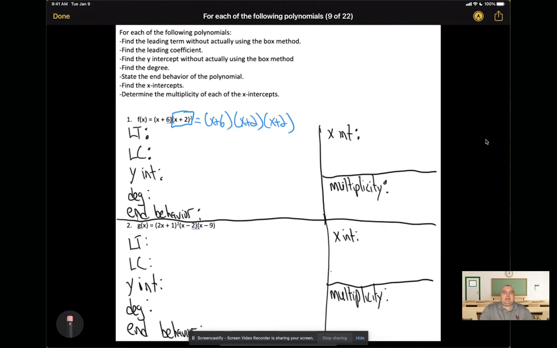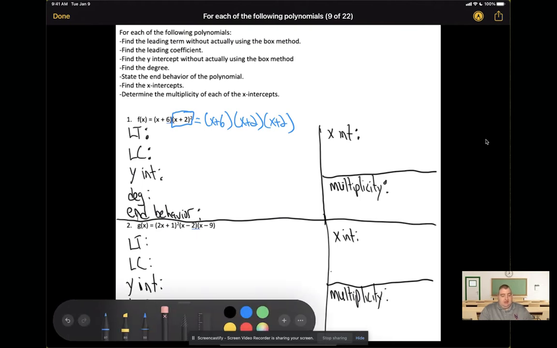X plus 2 squared means x plus 2 multiplied by itself. That is the very definition of squaring something. Squaring something means to take that thing, in this case x plus 2, and multiply it by itself. If it had said x plus 2 cubed, I would write x plus 2 3 times. If it said x plus 2 to the 4th, I would write x plus 2 4 times, and so forth.